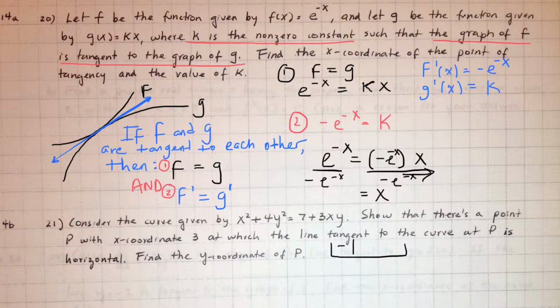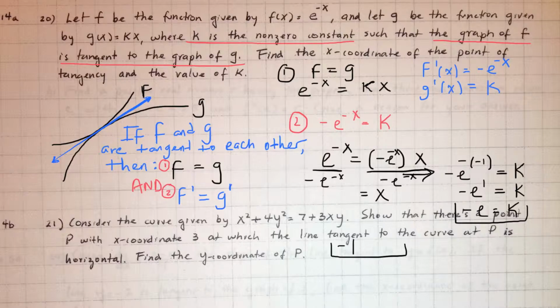I'm going to stick to this one here, and I'm going to let x be negative 1. So I'll have negative e to the negative 1 equals k. And that's just negative e to the positive 1 equals k. But negative e to the 1 is just negative e. So we found x and we found k.